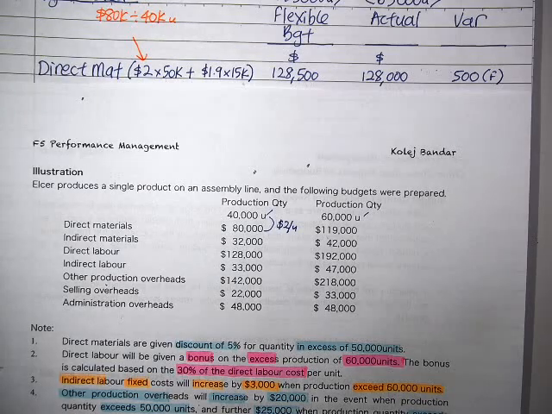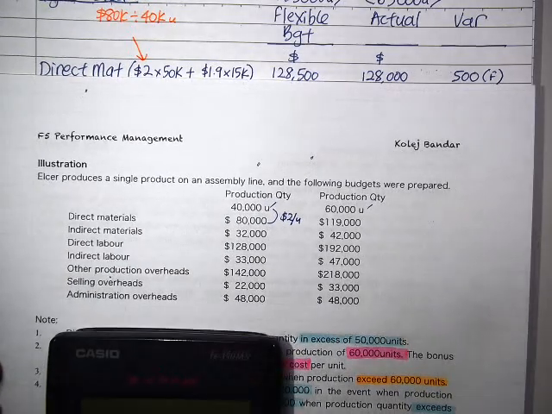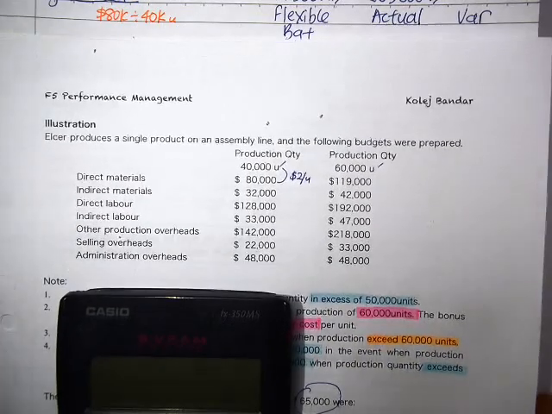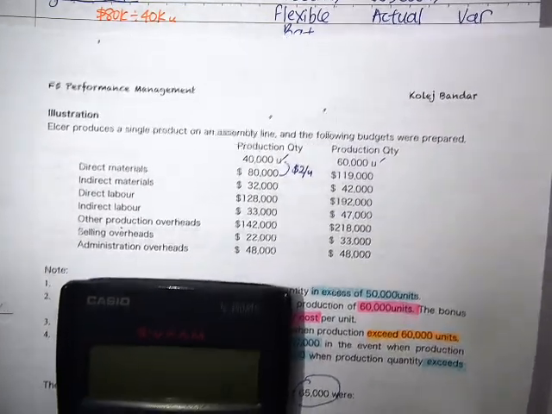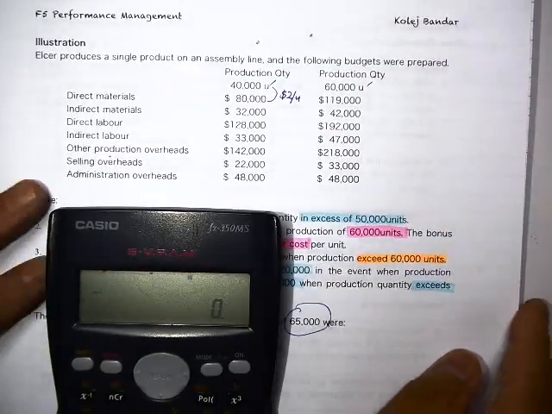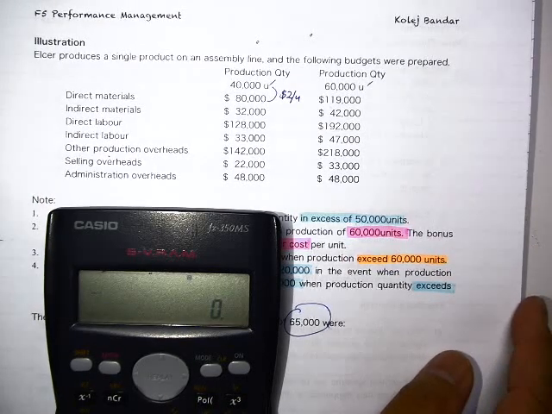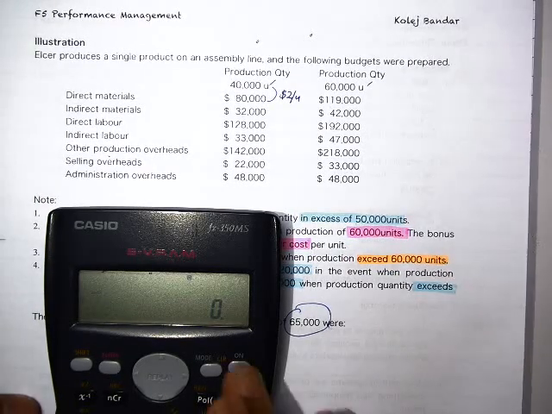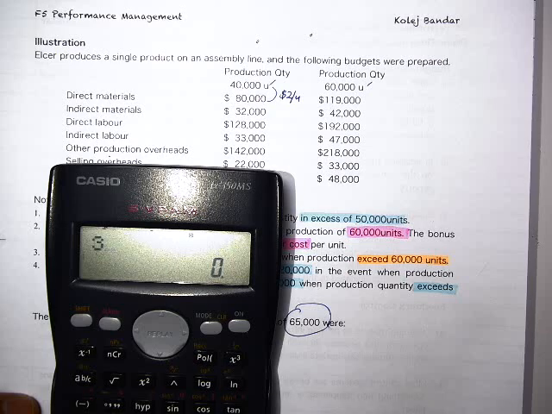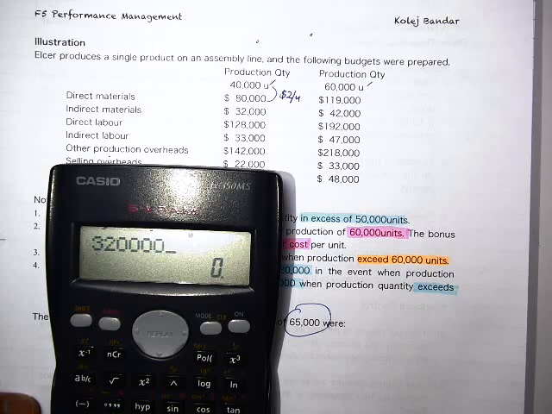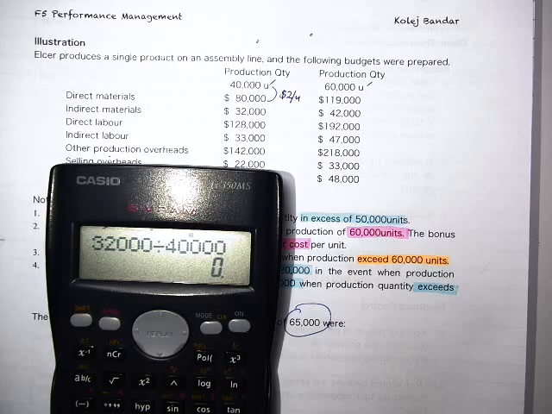see, being indirect costs, you might have fixed element in it. Okay. So how do you know if there's a fixed element in it? Now, one way is you test it out. If I take the $32,000, right, divide by 40,000, okay.